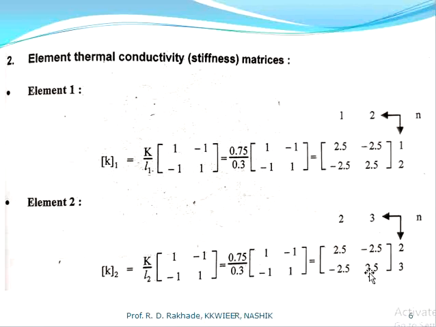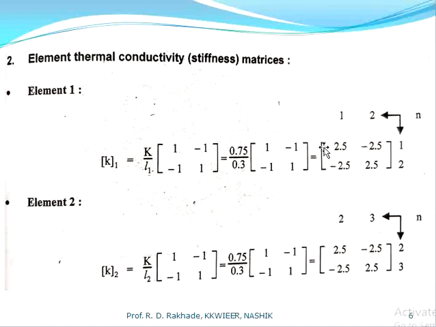So again after simplifying, since element 2 has nodes 2 and 3, just write 2 and 3 for column and 2 and 3 for row. So these are the positions of the nodes and their respective values.